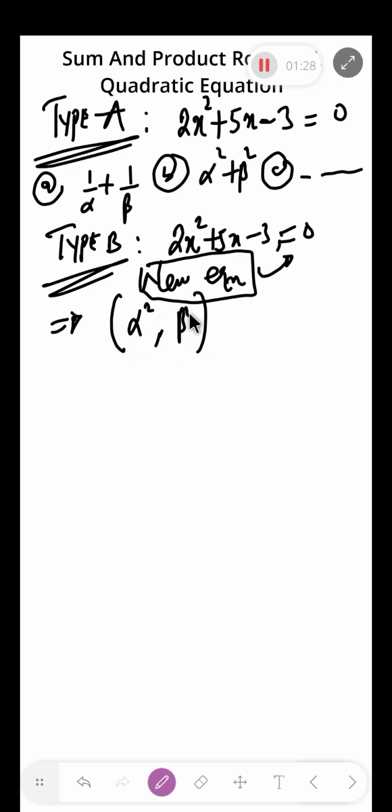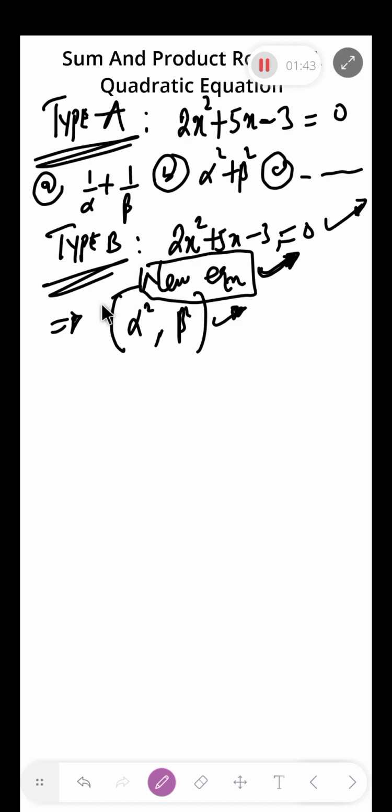You're not given a new root. You'll be given a quadratic equation, and you'll be asked to form a new one, given some certain roots. So if you have any questions based on this type B, you should know what I'm trying to say.